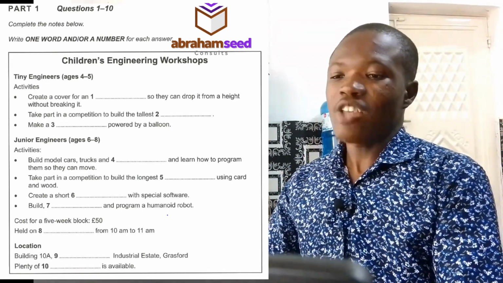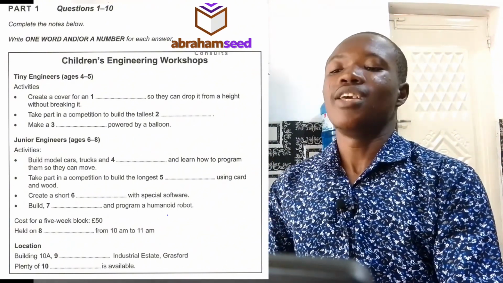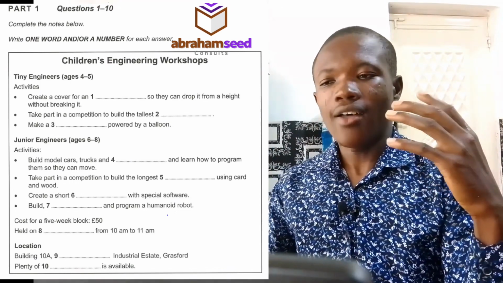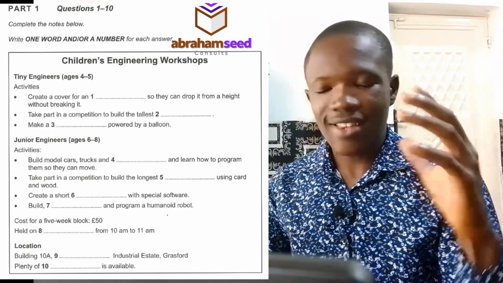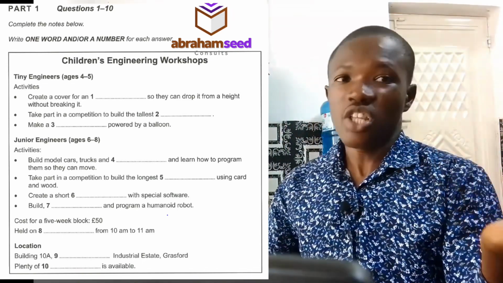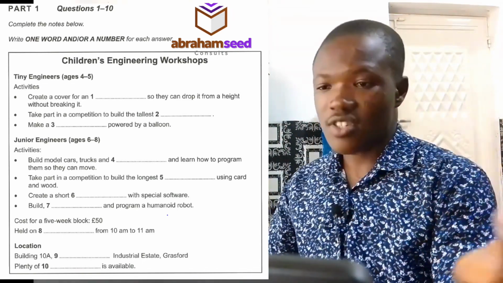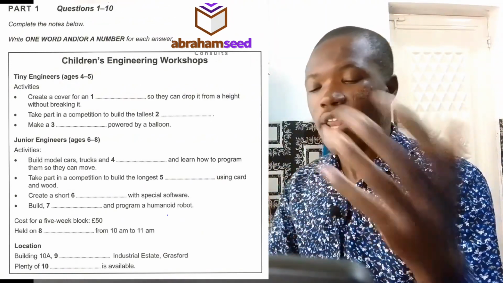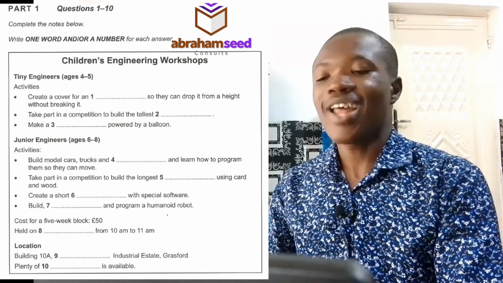And so with this information in mind, all you need to be looking for is information regarding the activities that the tiny engineers are going to perform, then the activities that the junior engineers are going to carry out, and also the cost, the period or duration when these activities are going to be carried out, as well as the location of the events. That's all that is going to be discussed in the conversation between the 2 persons involved.